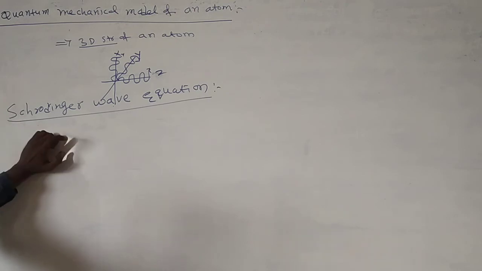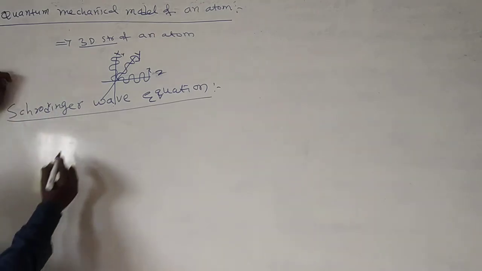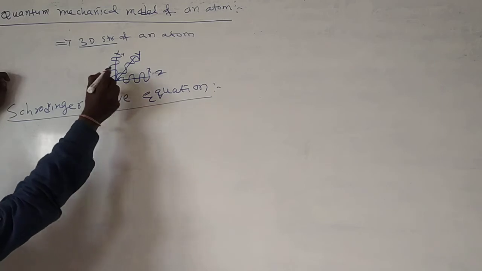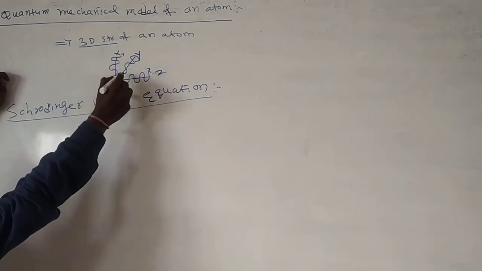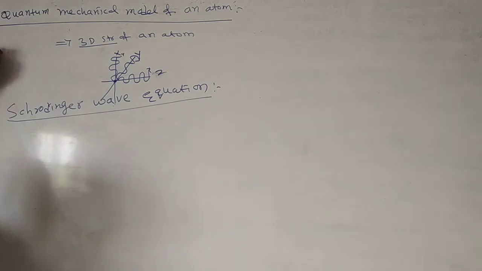Schrödinger proposed one equation for the three-dimensional structure of an electron. The electron moves in the x direction, the y direction, and the z direction.